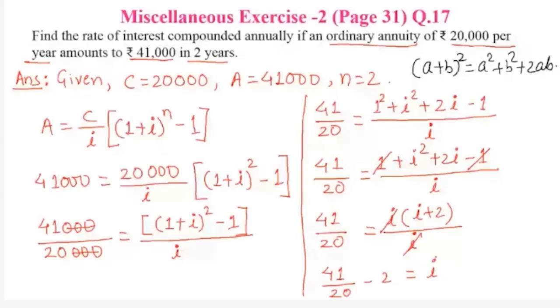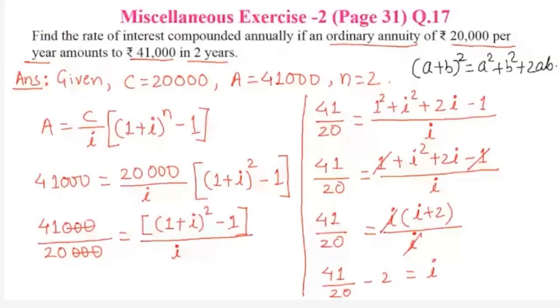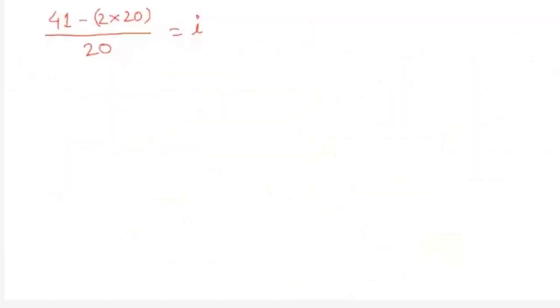Let that 2 come this side: 41 upon 20 minus 2 is equal to I. Now make the base same. 41 divided by 20 minus 2, so what will it be? 41 minus 2 into the denominator, how much was it? 20, divided by 20, is equal to I. So it is 41 minus 40 upon 20 is equal to I. 1 upon 20 is equal to I. How much is 1 upon 20?